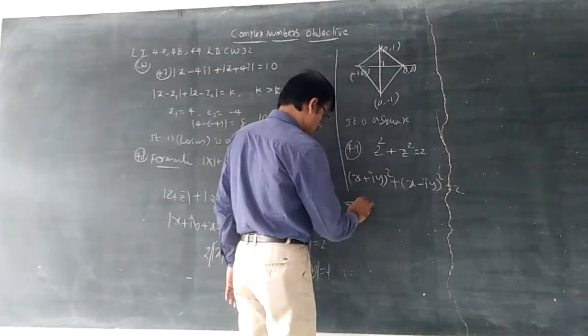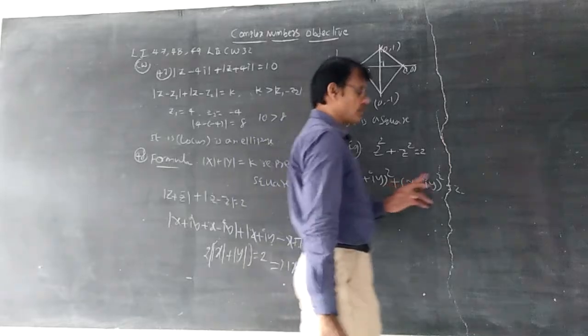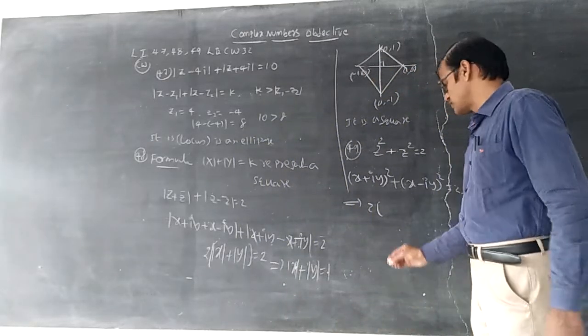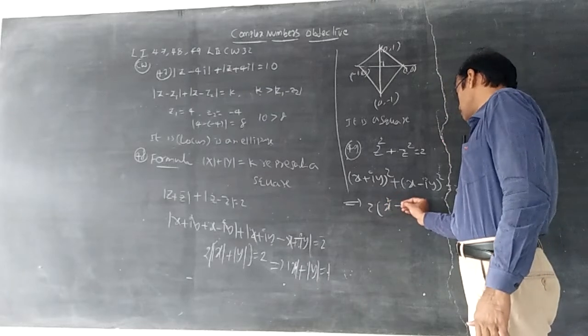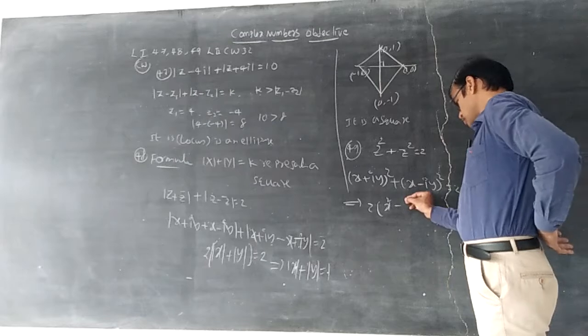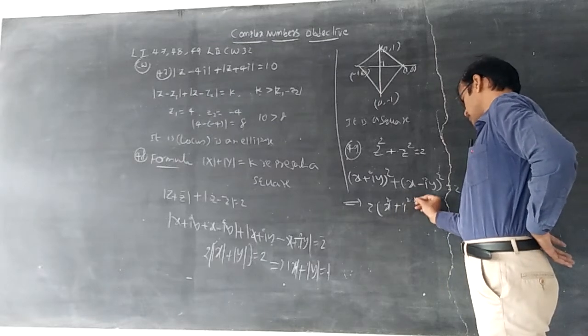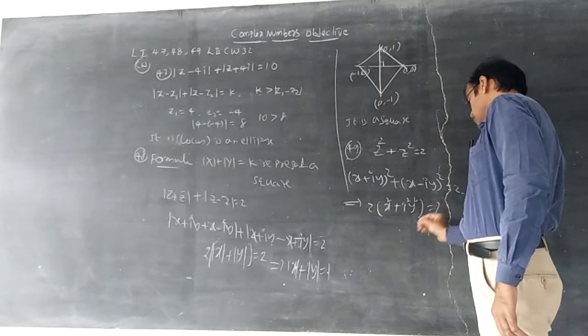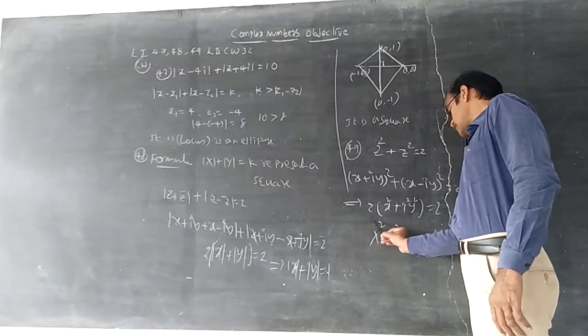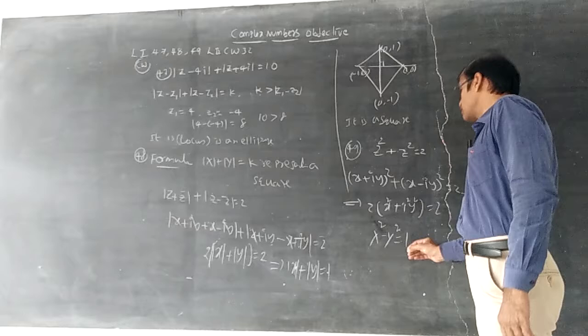That implies, using the formula (a plus b) whole squared plus (a minus b) whole squared equals 2 into (a squared plus b squared): 2 into x squared plus i squared y squared is equal to 2. So the 2 gets cancelled and you can write x squared minus y squared equal to 1.